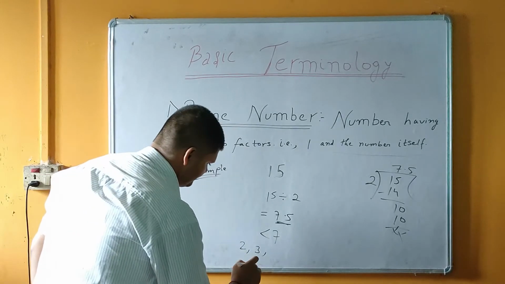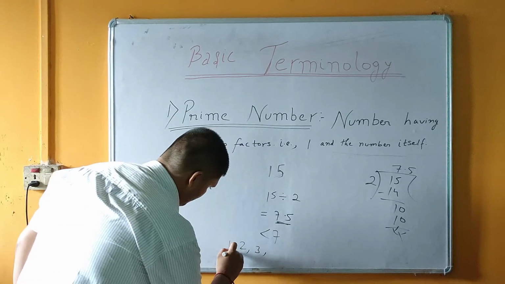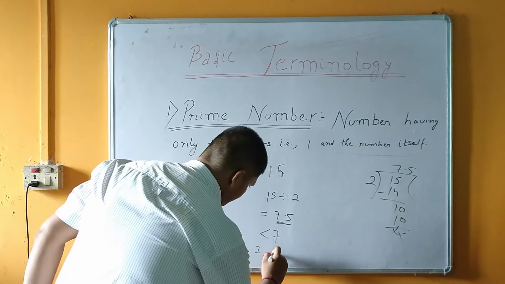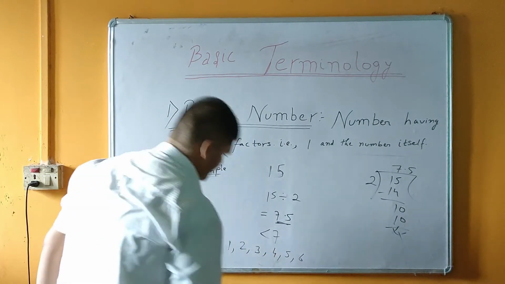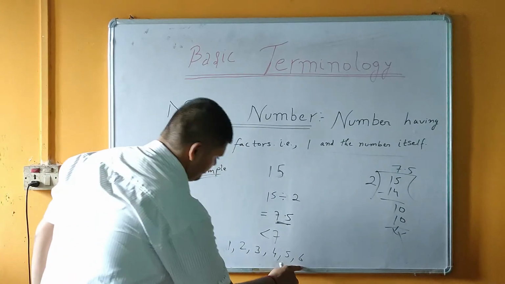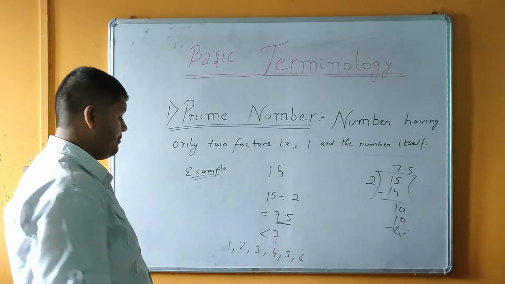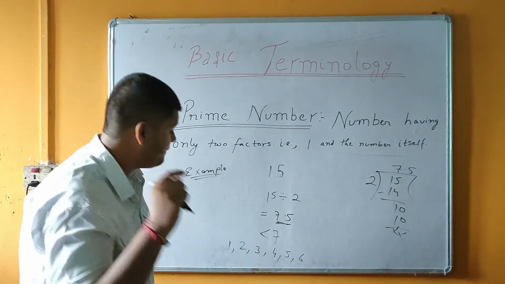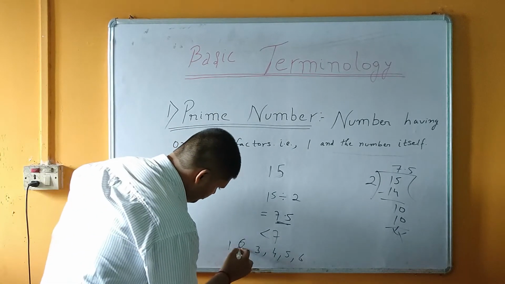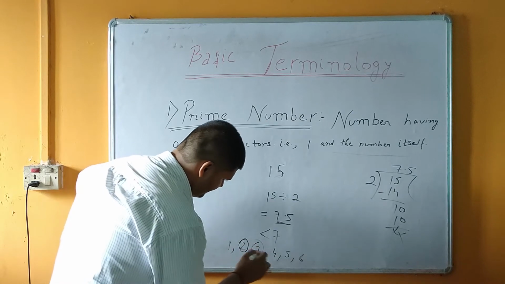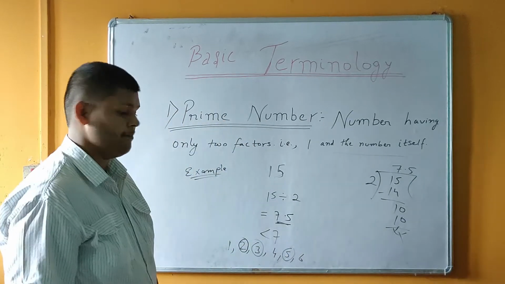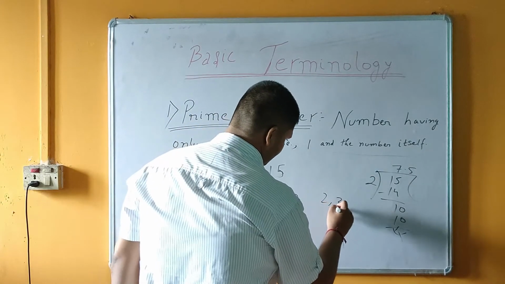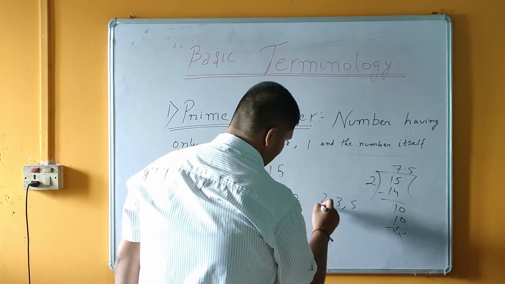Of course, 1 is also less than 7. So 1, 2, 3, 4, 5, 6 are the numbers which are less than 7. But within these numbers, you have to find out the prime numbers. This 2 is a prime number, this 3 is a prime number, and this 5 is a prime number. So we got 2, 3 and 5 as prime numbers.